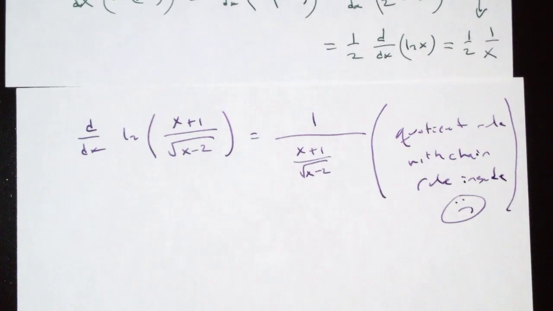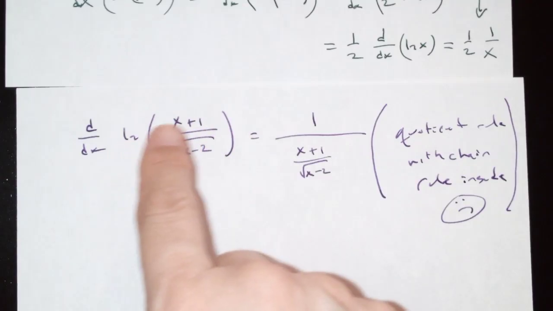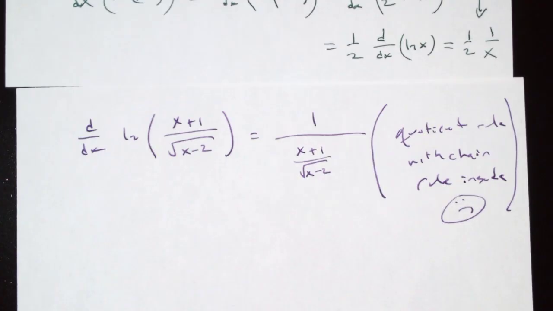So how do I avoid doing that? I get to use my 3 rules to figure out how to take apart this logarithm to make it simpler.